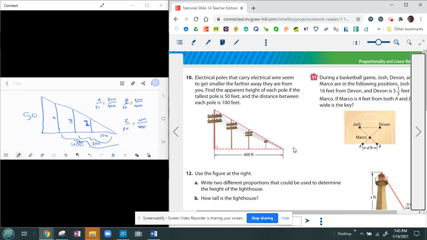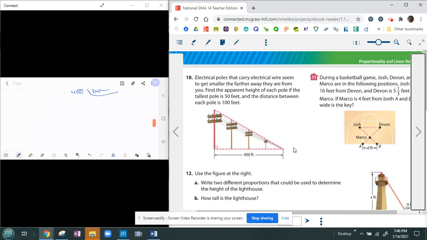And when you solve all of those, you get first pole is 50, the second pole is 37.5, the third pole is 25, and the fourth pole is 12.5. Okay, so those are our setups. All right, and we're moving on to number 11.